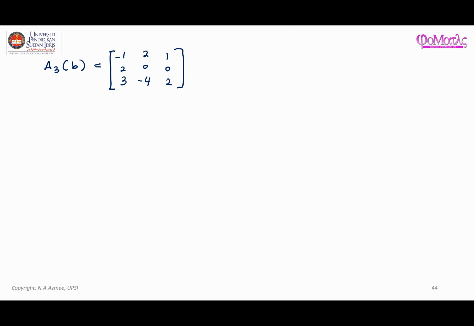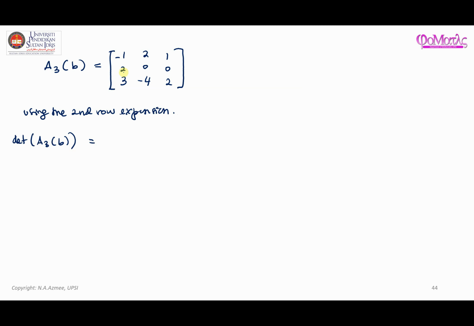Again, what you need to do next is find the determinant of this matrix, and I'm sure you can see that it will be easier to do that by considering the second row expansion. Using the second row expansion, the determinant of A3B can be obtained when you consider this entry here.